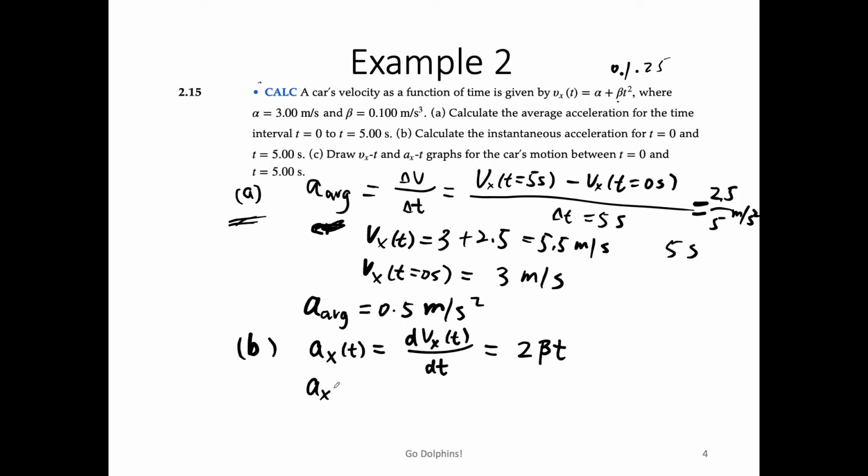So a_x at t equals 0, you replace t by 0, I got 0 meters per second squared. At t equals 5 seconds, replace t by 5, it is 1 meter per second squared.